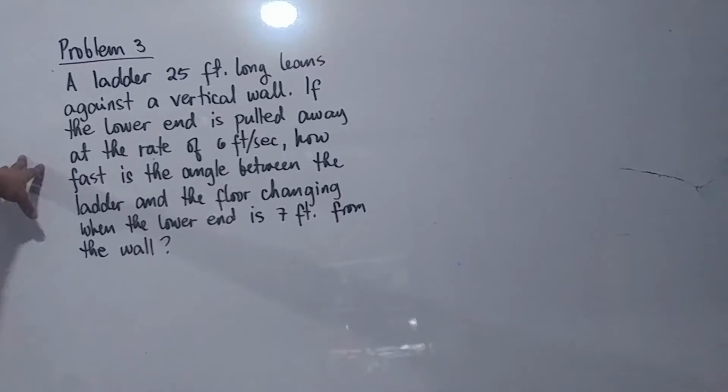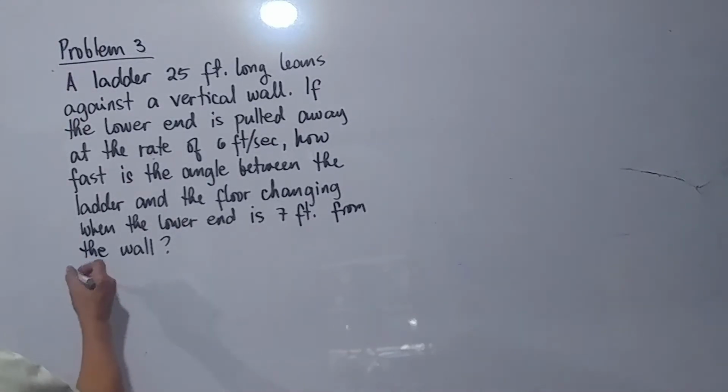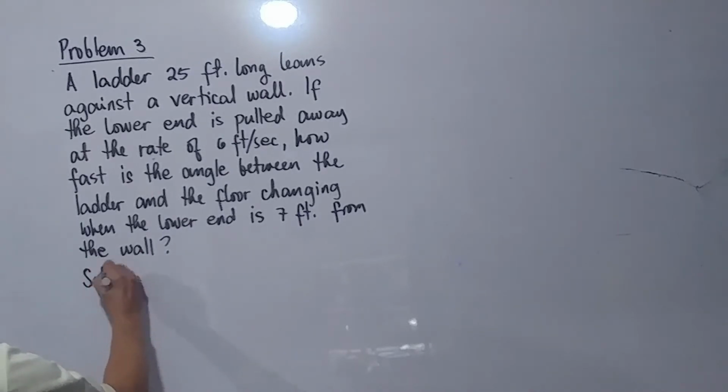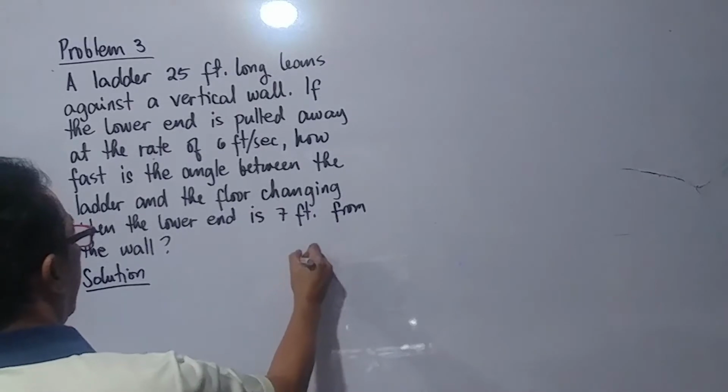So for our problem number 3, a ladder 25 feet long leans against a vertical wall. If the lower end is pulled away at a rate of 6 feet per second, how fast is the angle between the ladder and the floor changing when the lower end is 7 feet from the wall? So, to illustrate the problem, we have here the wall.